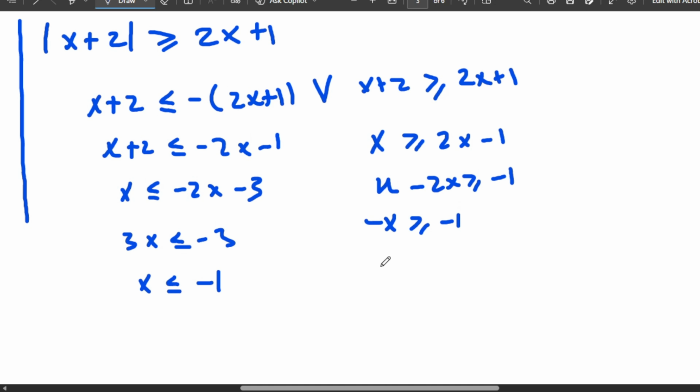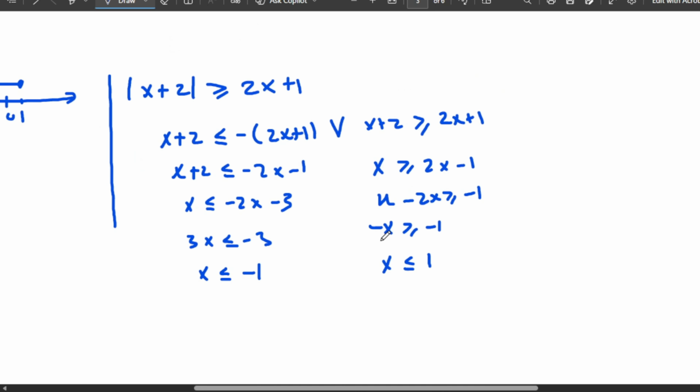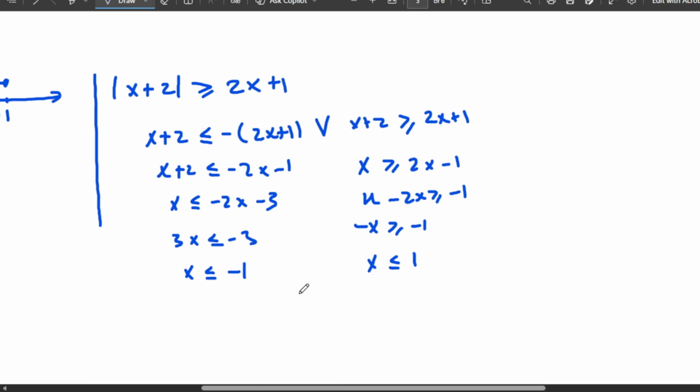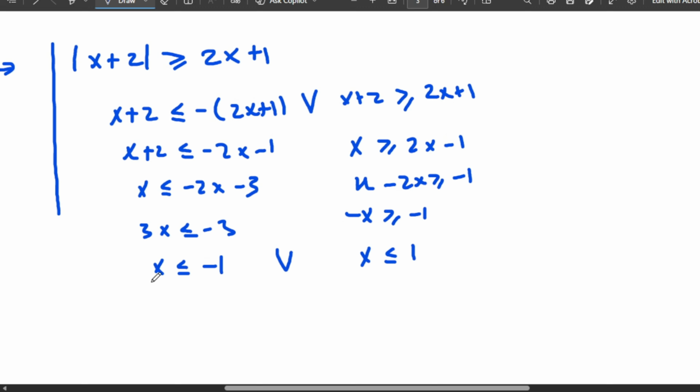Then our solution would be x less than or equal to 1, because if we divide by a negative, the sign will change direction. So our bounds will be less than or equal to negative 1 and less than or equal to 1.